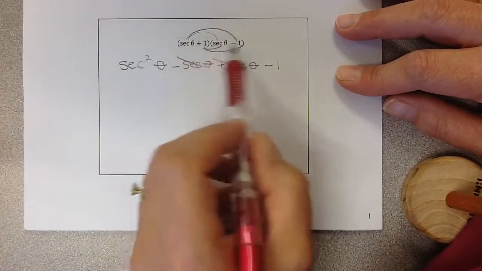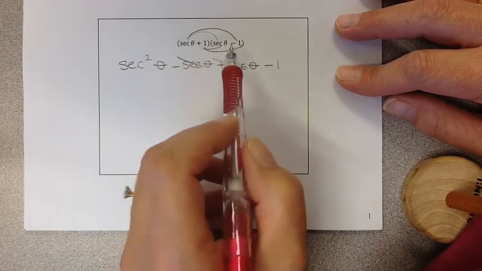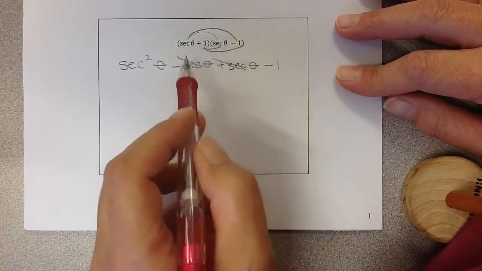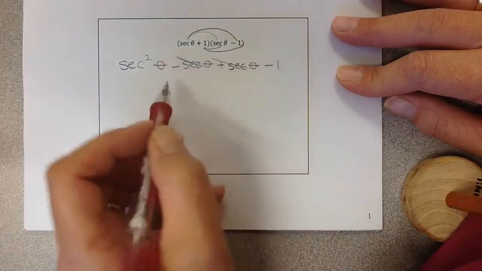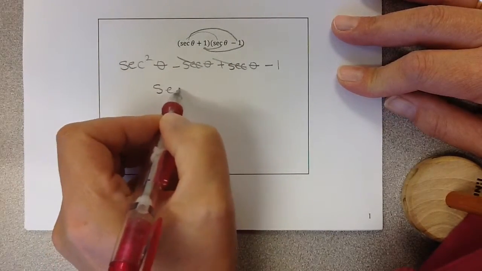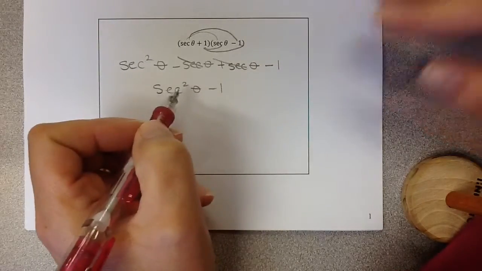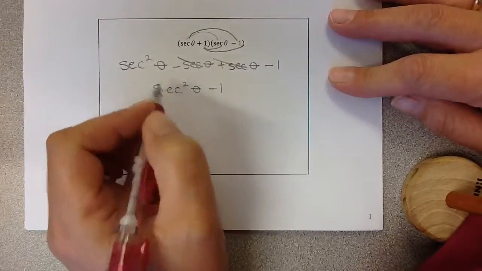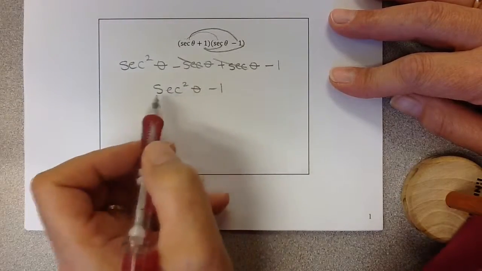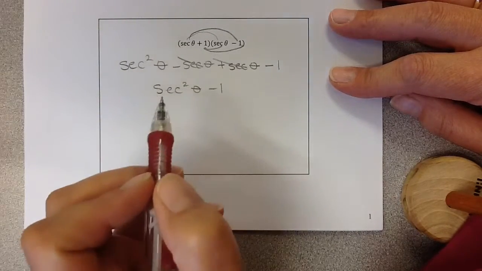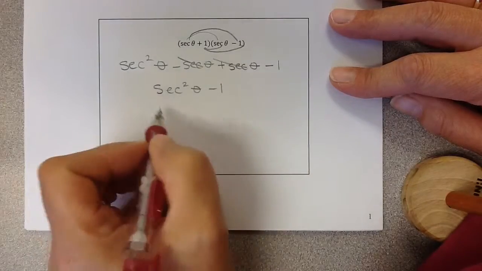Now, if you could see that before, if you notice that this is a sum and a difference, and you know that the middle terms are going to just go away, then you might just skip to secant squared theta minus 1 as your first step. So if you can see it, at this point, you should be able to skip that step. Secant squared minus 1 looks familiar. We had that same expression in the previous problem.